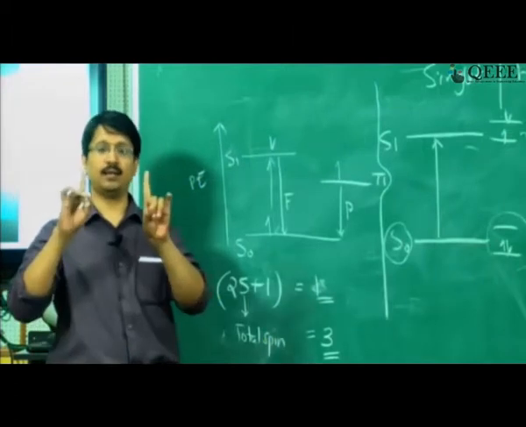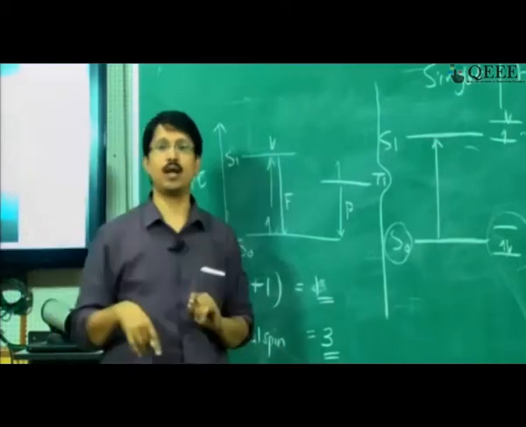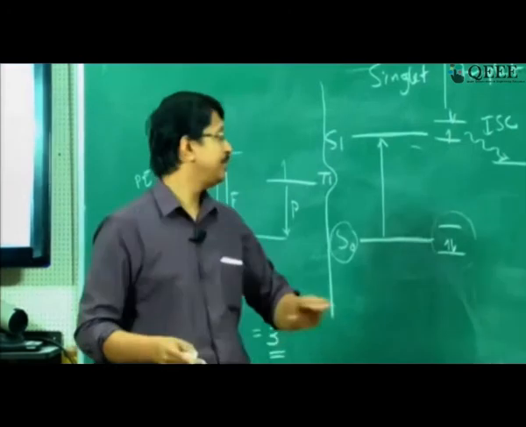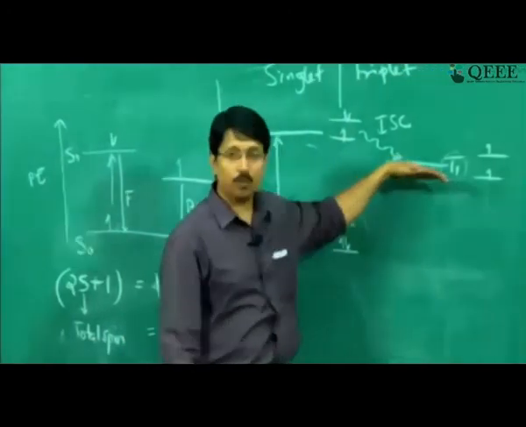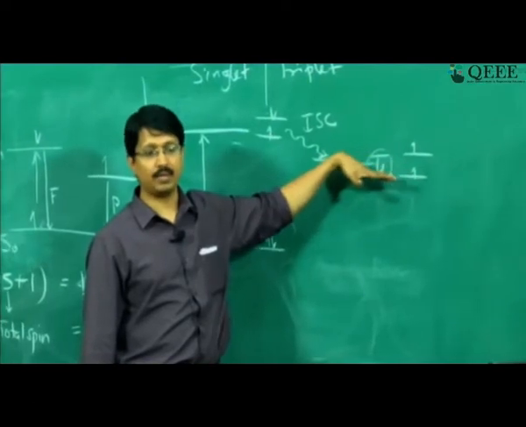Either both up, or both down, or 1 up 1 down. Because of these 3 different orientations, there are 3 energy levels possible with this arrangement. That's why it's called triplet.